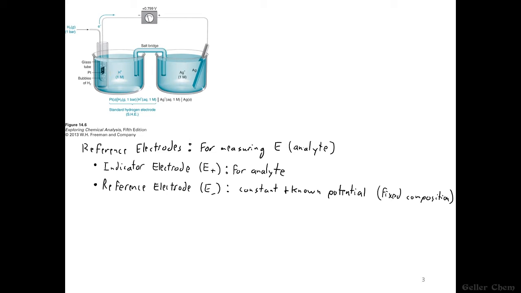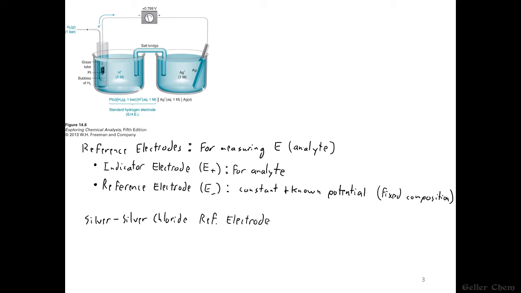And so typically we will use a reference electrode that's more convenient than the standard hydrogen electrode, and we call this the silver-silver chloride reference electrode. So let's write that down. Silver chloride reference electrode, ref electrode.